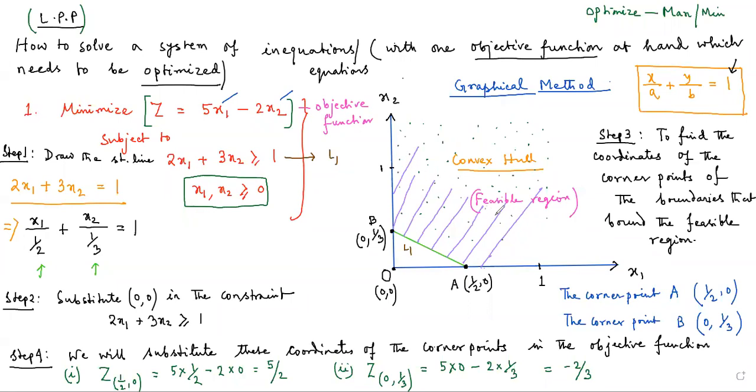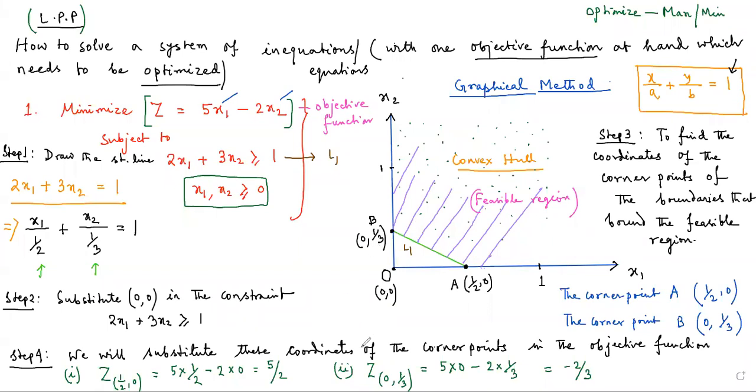It is not required that you substitute the coordinates of all these possible points in the objective function. The theorem says that if you want to find the optimized value of the objective function, then just take the corner points of the straight lines which bound the feasible region, and substitute those coordinates of the corner points only in the objective function, and try to find the maximized value and the minimized value.